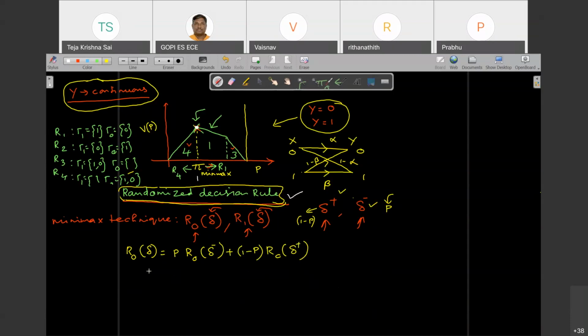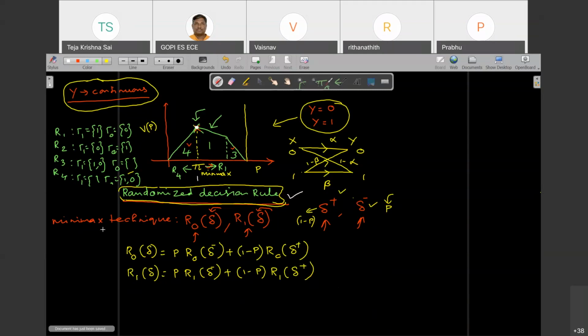In the same fashion, you can go for the other conditional cost, R1 of delta, which is given by P into R1 of delta minus plus 1 minus P into R1 of delta plus.